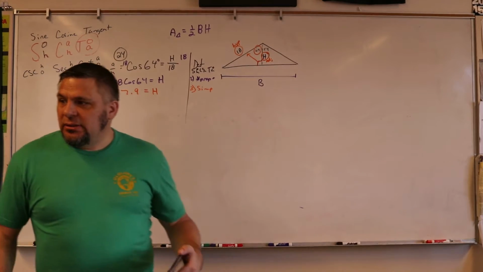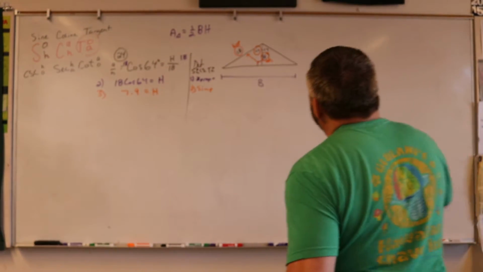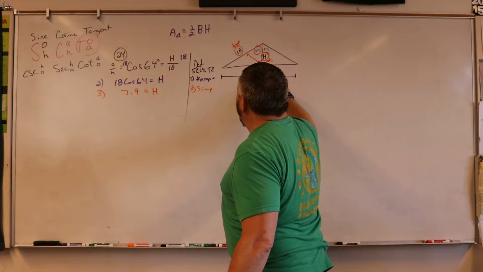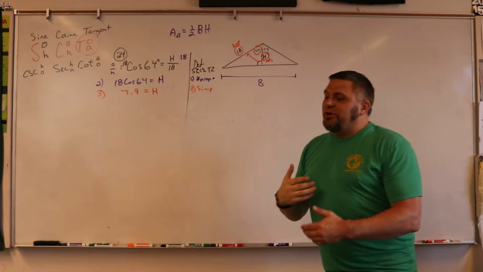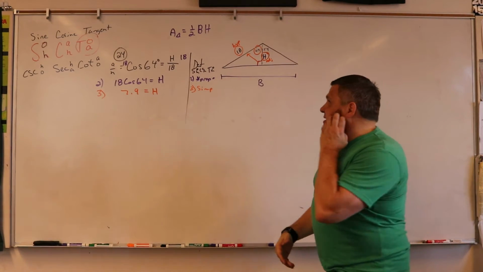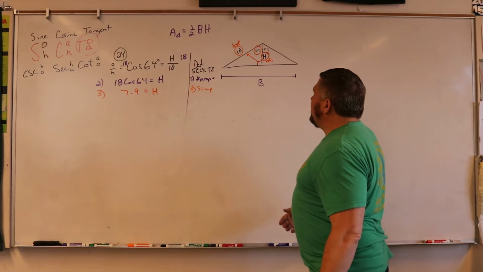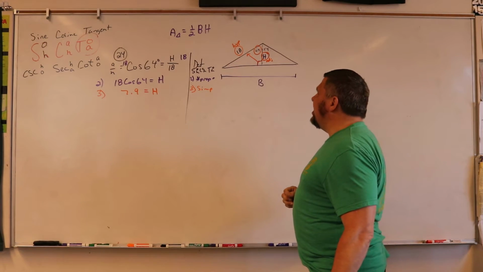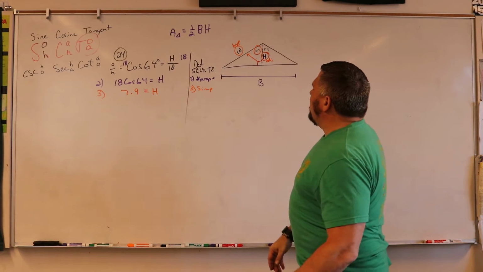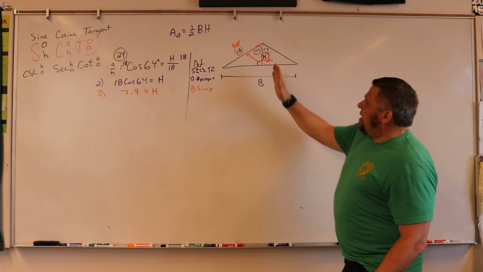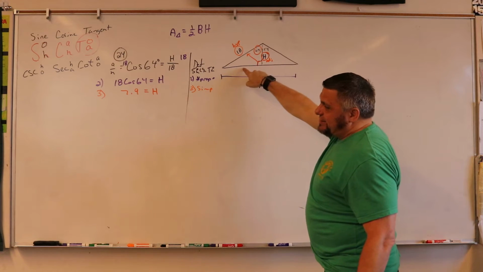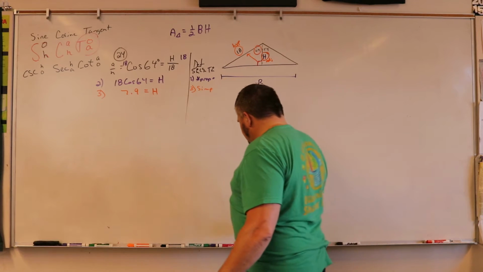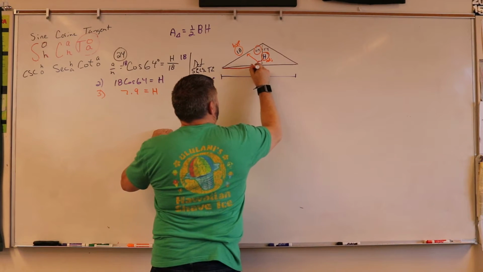Alright, next. Now we're going to look for these. I need both of these to find B. Now, this is where you could use law of sines, law of cosines, right? But it wouldn't be too easy. Actually, it would be easy. But we don't need to use it because we do have a right angle. I can find this other side, right? What do I have to do to find just this piece right here?